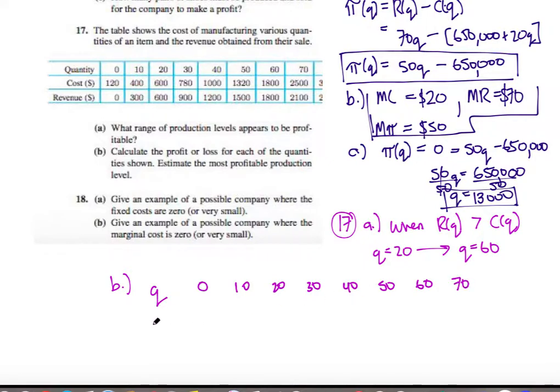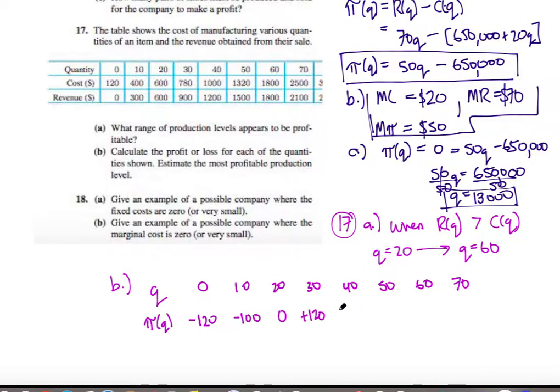And then our profit or loss, so we'll just call our loss negative profit, would just be the difference between cost and revenue. So if we sell 0, then we lose $120. If we sell 10, revenue minus cost gives us a loss of $100. If we sell 20, no loss or gain. If we sell 30, 900 minus 780 gives us positive 120.